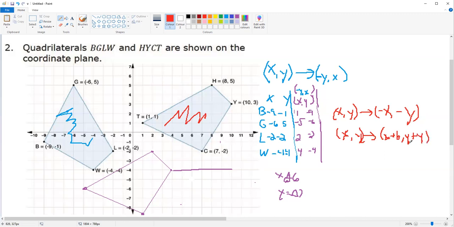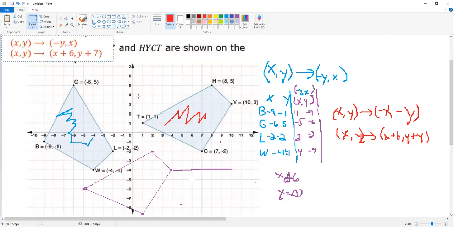And if you can see from here, that is what it's calling for.